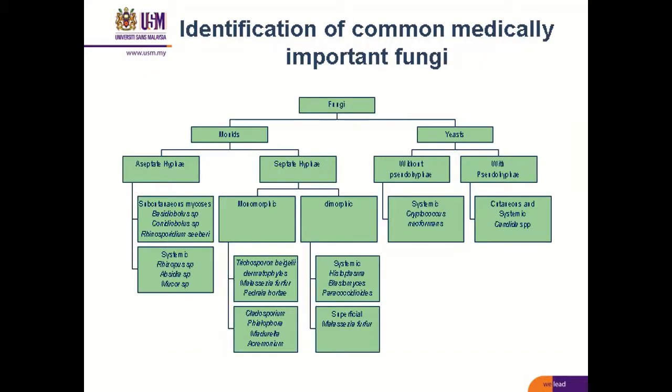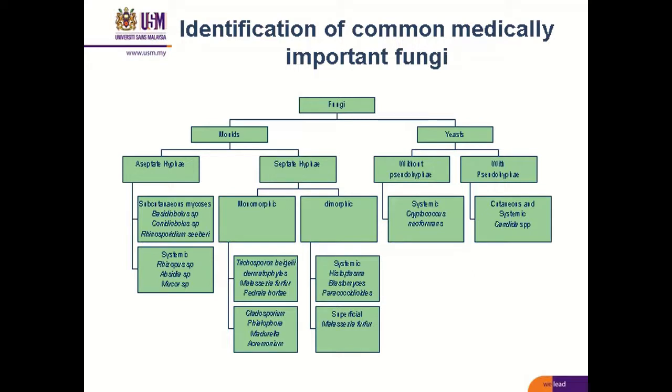Next, after finishing the most common bacteria, now we go to fungi. So fungi can be divided into molds and yeast. Molds can be aseptate and septate.